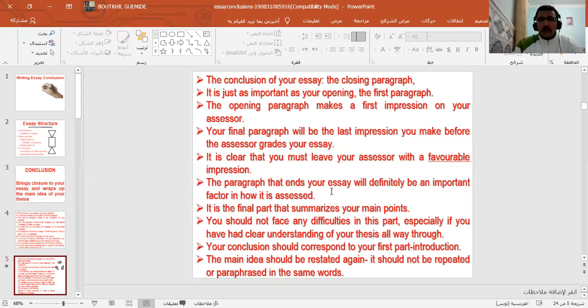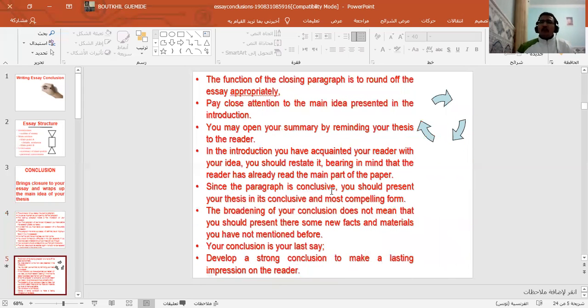So the function of the conclusion paragraph is to inform that your essay is coming to an end. So the function is to round off the essay appropriately. So you have to pay attention, all right?